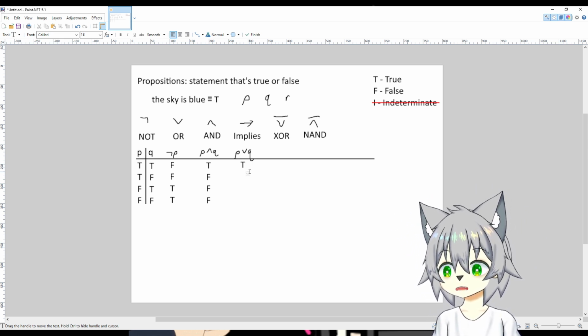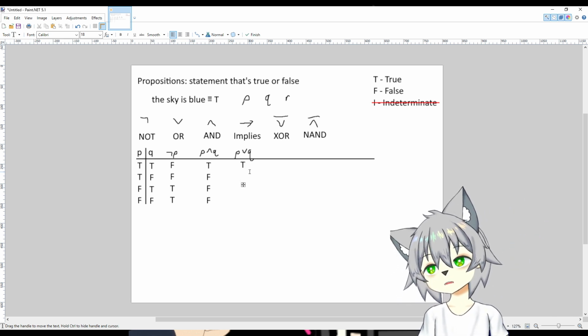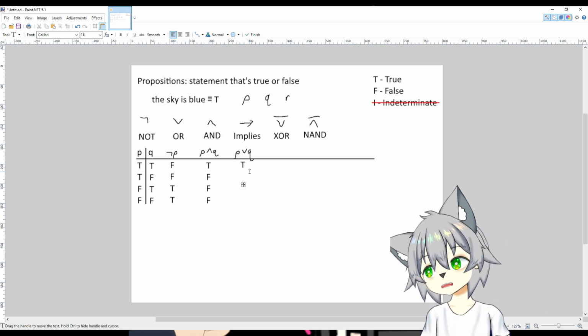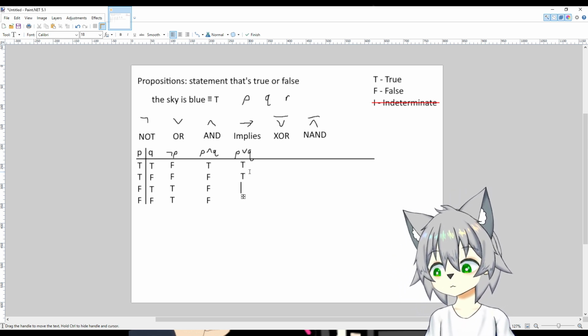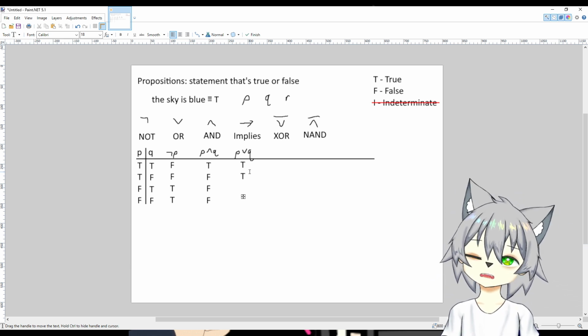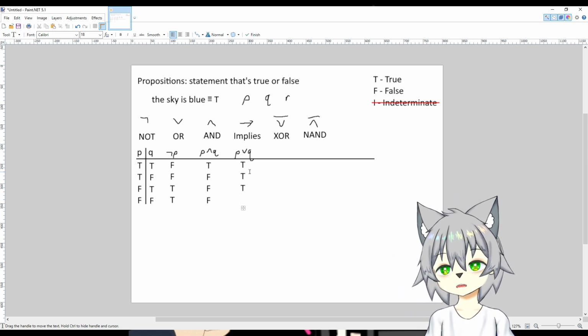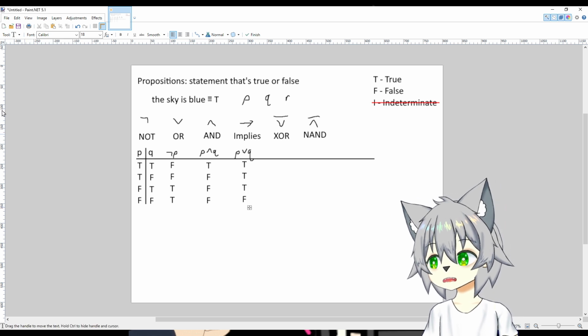In this case, I have P and Q, P or Q, but I only have P here. But I did say P or Q. So I do have P, so yeah, I have that. And in this case, I don't have P, but I do have Q or Q. So that's true, but I don't have either in the bottom combination of truth values, so this is false.